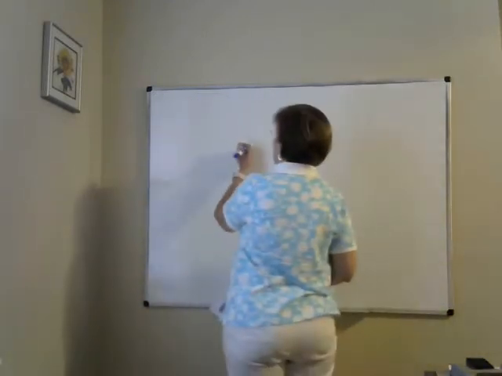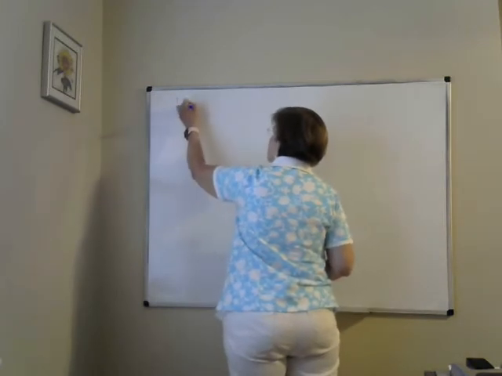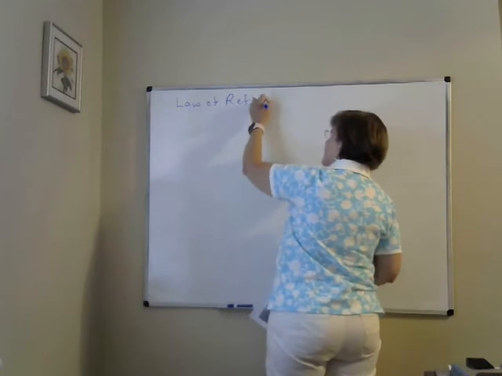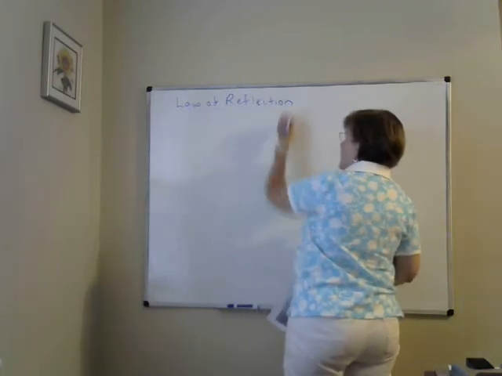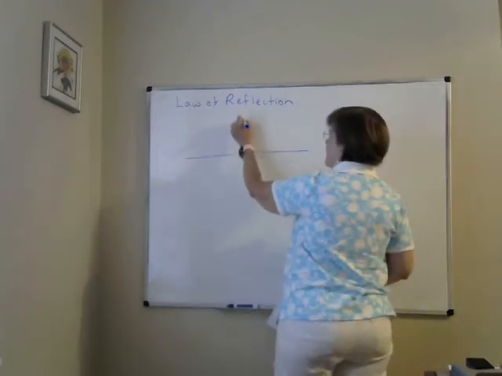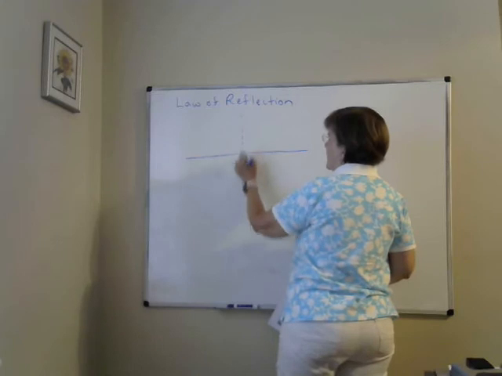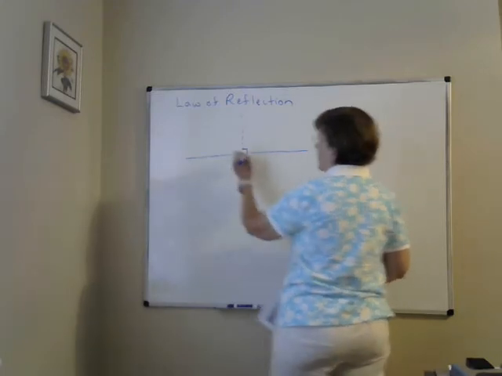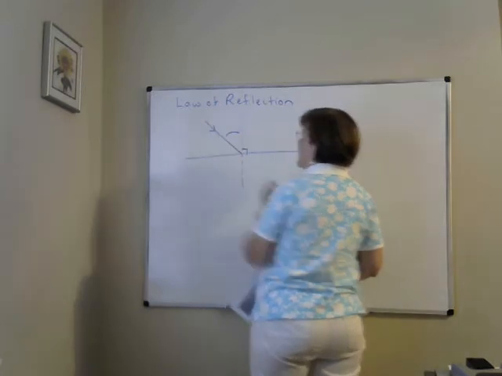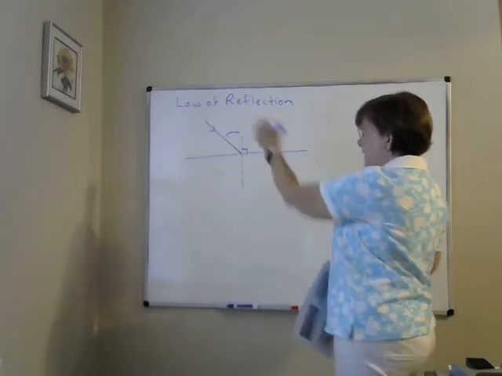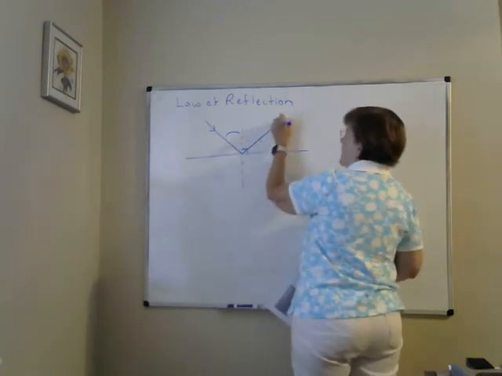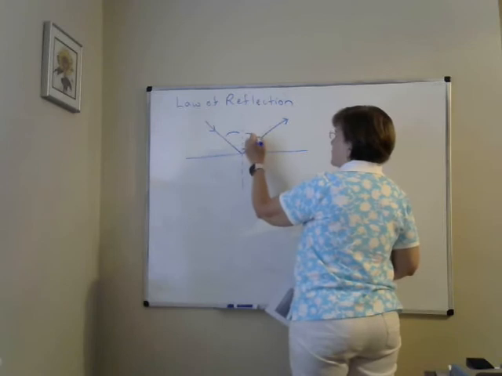The law of reflection just says, and this is true not only for light, but for all waves, that if we draw a normal segment, that means a perpendicular line there, that's how we measure the angle. That would be the angle of incidence, the angle the light rays coming in. And this would be the angle of reflection.